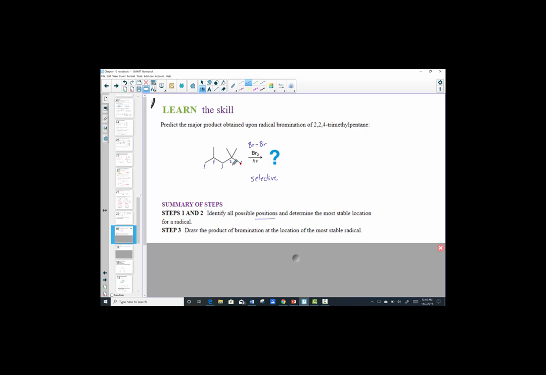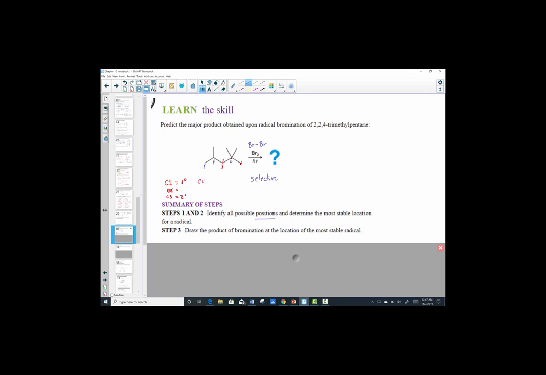At carbon number 1, we would have a primary radical. At carbon number 2, there are no hydrogens. That carbon number 2 is all tetravalent already, so that's not a possibility. At carbon 3, that is a secondary position.